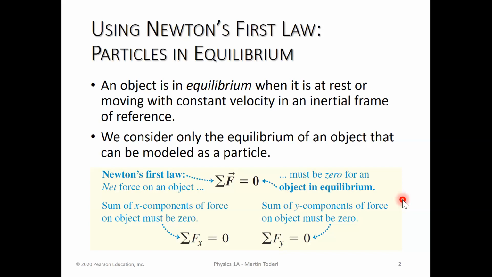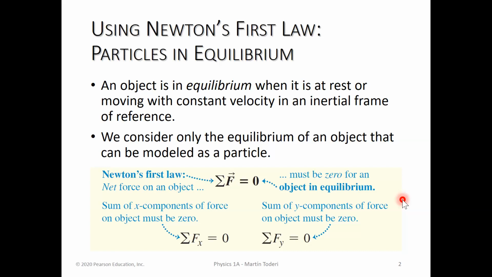So for us right now, objects are particles, as we've been working through the past classes. If we apply Newton's first law, we can say that the net force is 0. If we have that, then we have an object in equilibrium.